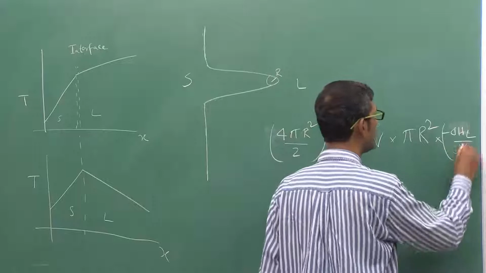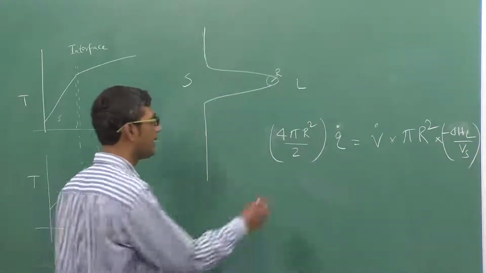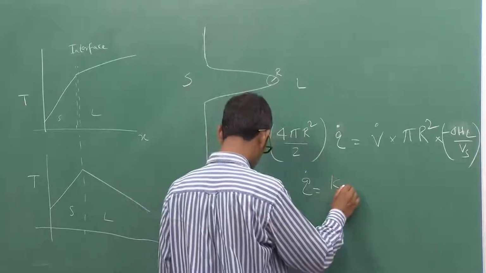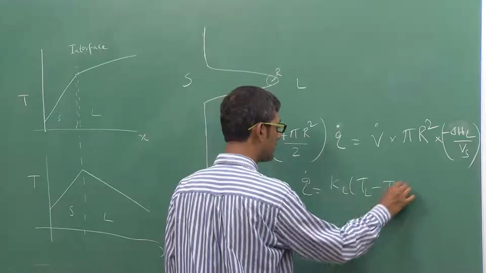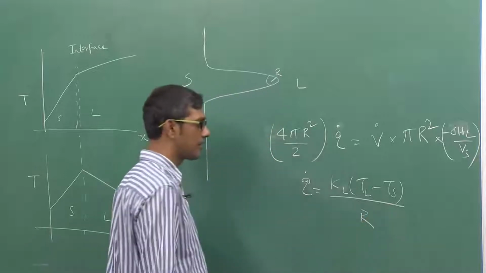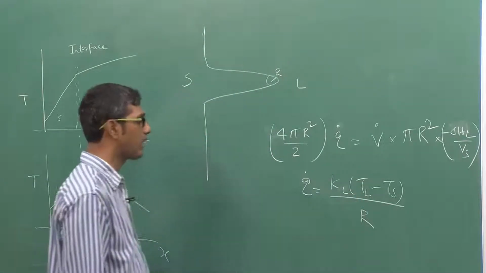This is the heat evolution, correct. Here Q dot is nothing but KL times TL minus TS divided by R. That is the heat divided by the distance, which is your flux.